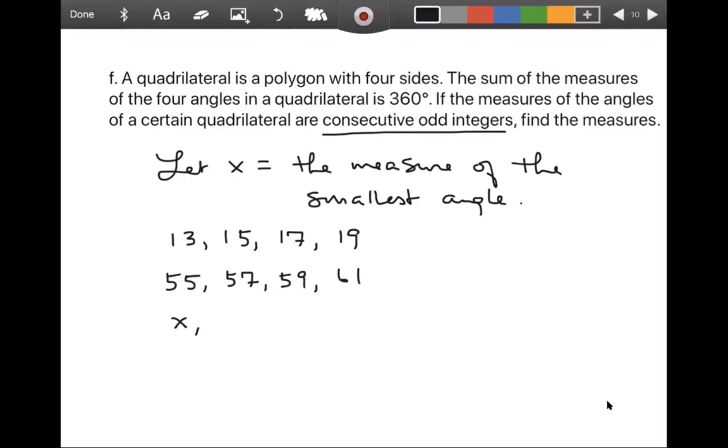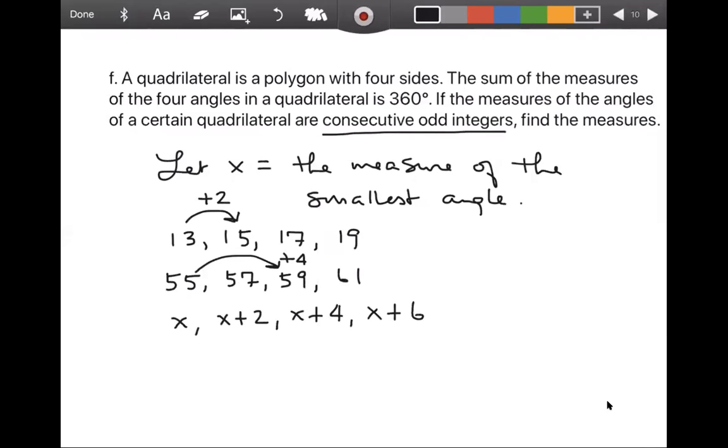But if you notice, to get from one integer to the next, because they're both odd, they still differ by 2, just like if it was a consecutive even integer problem. So these are actually set up the same exact way as consecutive even integer problems. To get from the first one to the third one is plus 4, and to get from the first one to the last one is plus 6, right?